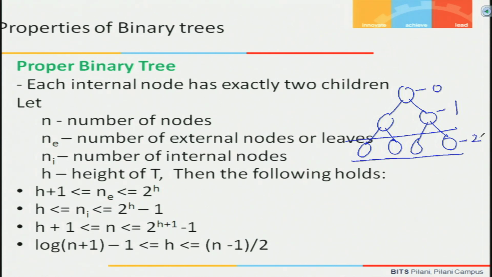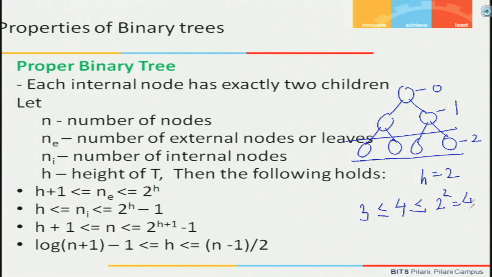So, the height of this tree is going to be 2, and it is easy to observe that h plus 1, with h being 2, is 3. So, 3 is less than or equal to 4, and this is less than or equal to 2 power h, which is 2 squared, which is 4.